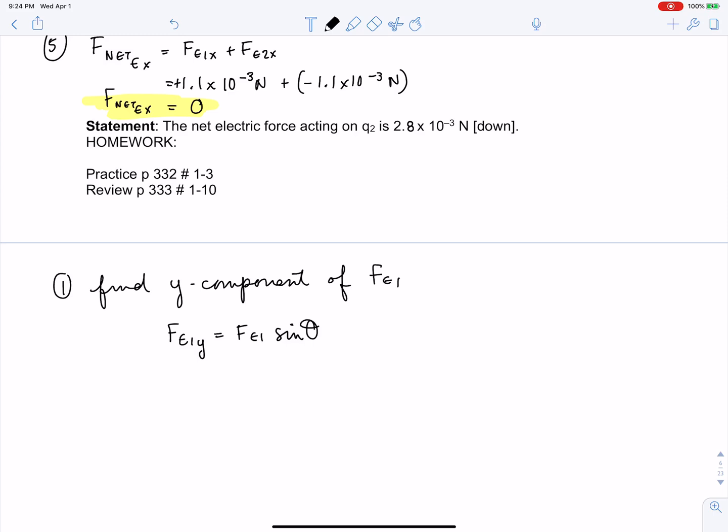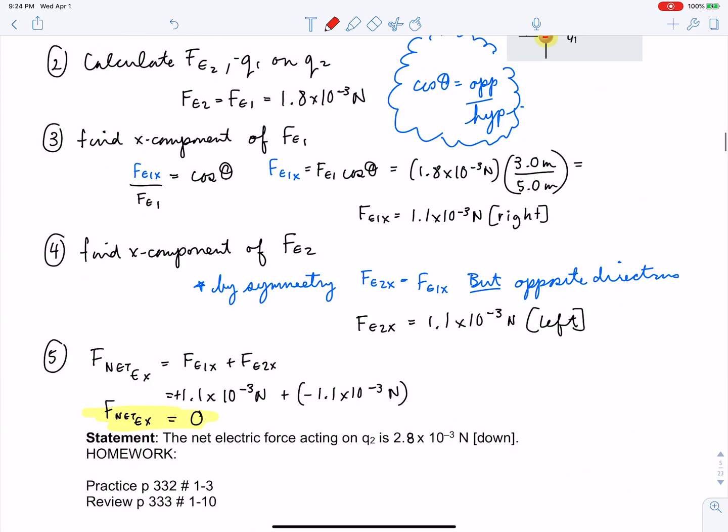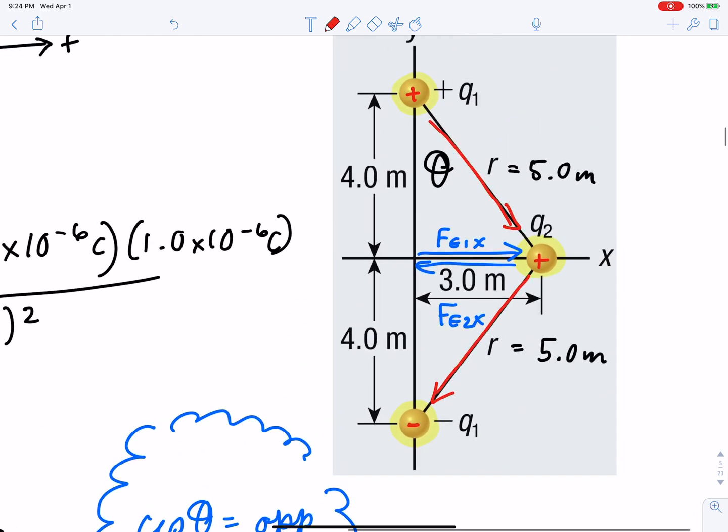We know Fe1 is 1.8 times 10 to the power of negative 3 newtons, and sine theta is equal to adjacent over hypotenuse. And if we take a look back at our diagram, the adjacent, what we're finding is this component here.